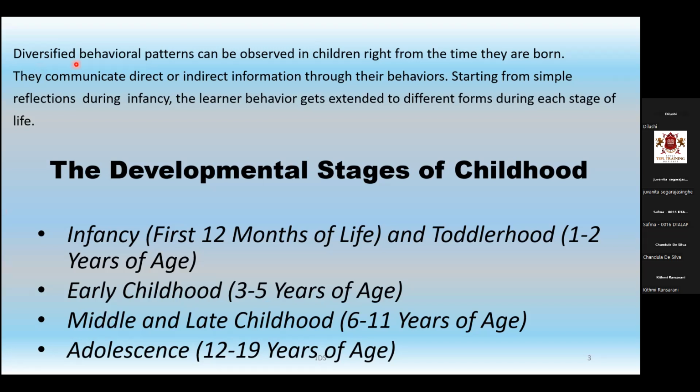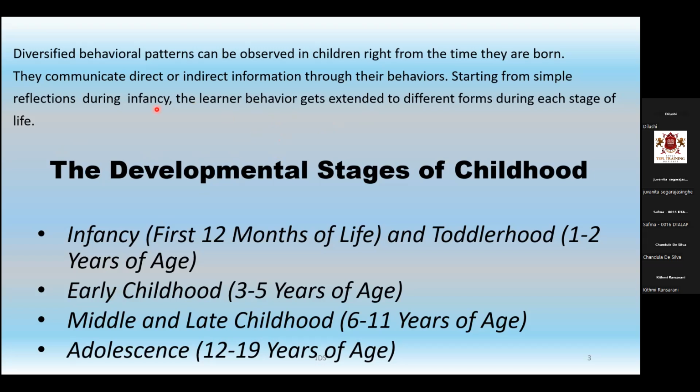Right, look at this. Diversified behavioral patterns can be observed in children right from the time they are born. They communicate direct or indirect information through their behaviors. Particularly in early childhood, when verbal communication is limited, children convey messages more through behavioral patterns.